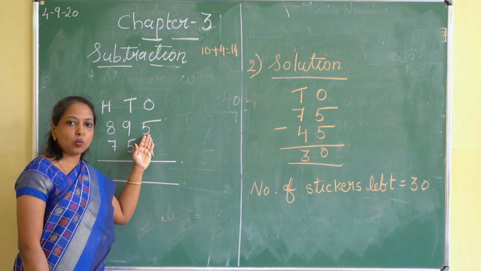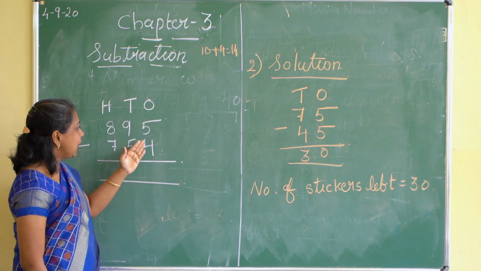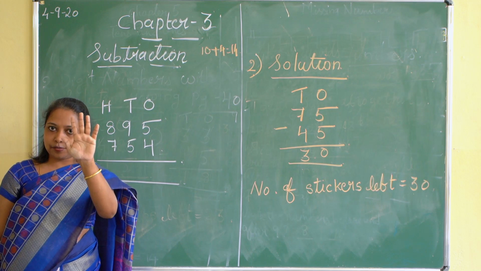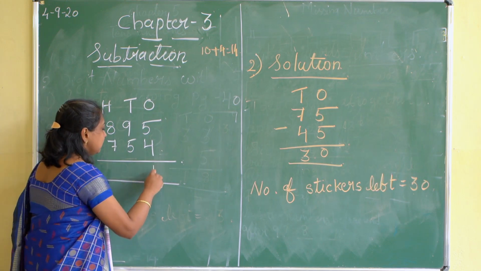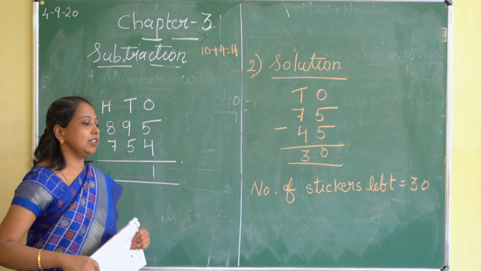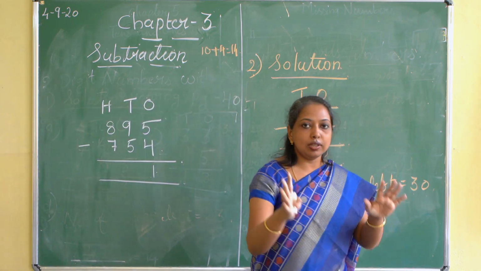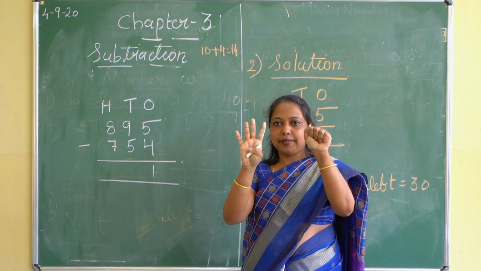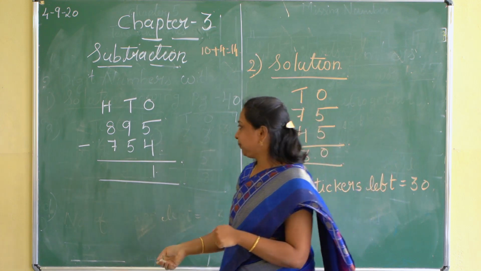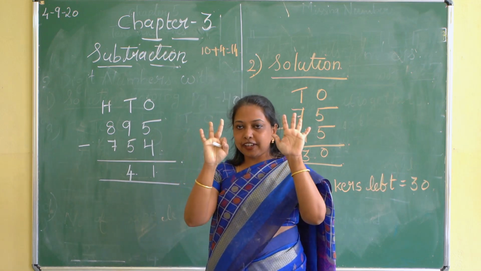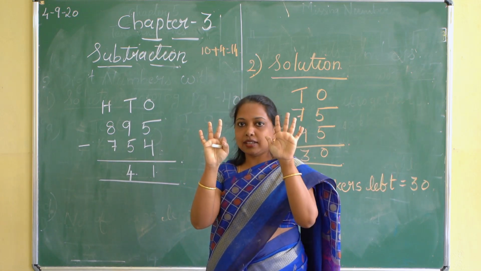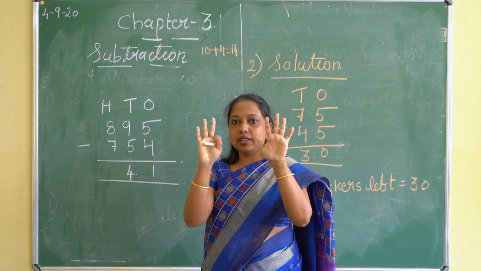We will start from the ones place. 5 minus 4. Take 5 fingers and fold 4. You got 1. And take 9 fingers and fold 5. You got 4. Then take 8 fingers from hundreds place. Then fold 7.